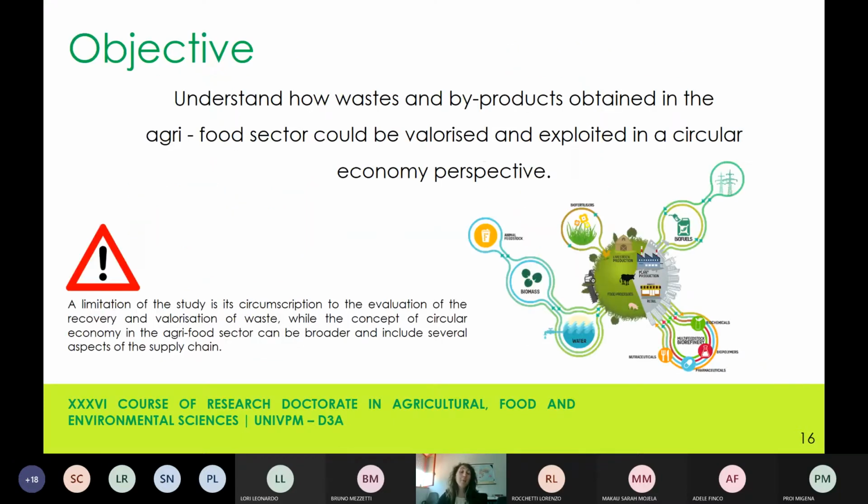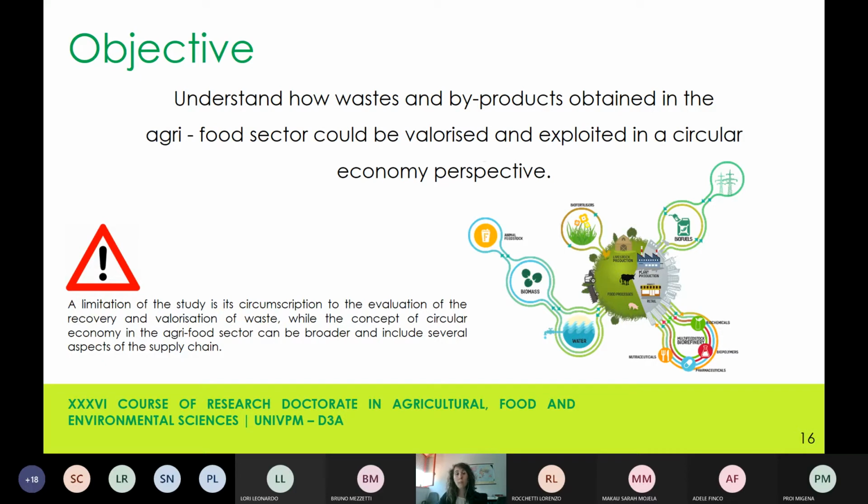So the objective of my bibliographic research was to try to understand the paradigm of the circular economy applied in the agri-food sector, with, as I said, particular focus on the recovery and valorization of food waste. But I have to say that this kind of study has a small limit, because even if the waste part represents one of the main parts of the circular approach, obviously it is not the only thing that we can say about this new model.